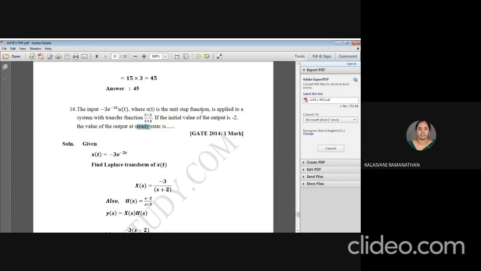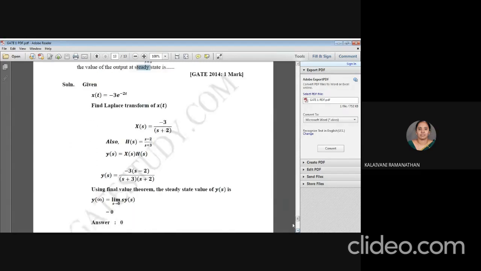And also here the initial value of the output is given. So the value of the output at steady state is given by applying the final value theorem in Laplace transform. So you have found out your y of s, and then you are finding out your y of infinity. Finally, you have it as 0.